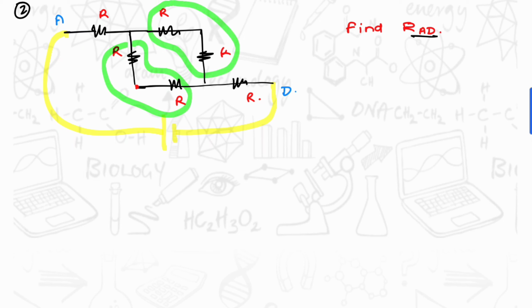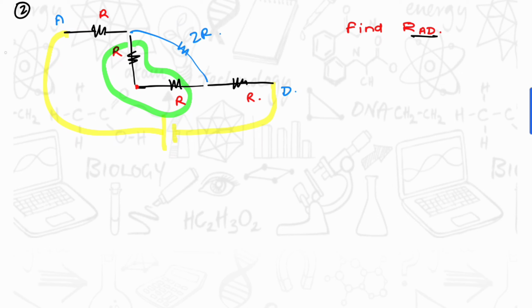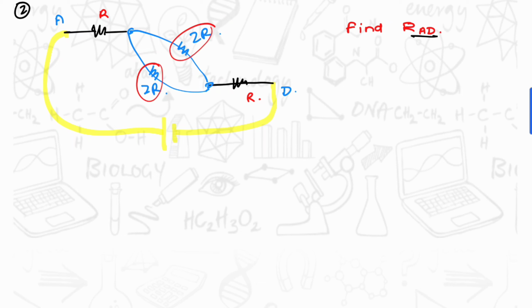And these resistors are in series, right? So instead of these two R resistors, we can just add a single resistor of value 2R, and the same can be done here. And then we get 2R here. Now these two resistors are in parallel to each other, so we can find the Req value.